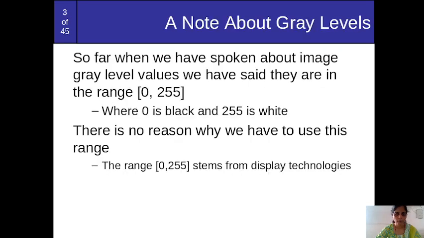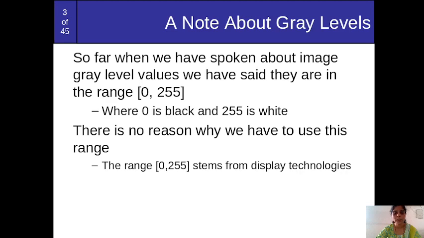Before proceeding further, in all the discussion so far we have been talking about grayscale values. The usual range of grayscale values is 0 to 255, where 0 indicates a black pixel and 255 indicates a white pixel.